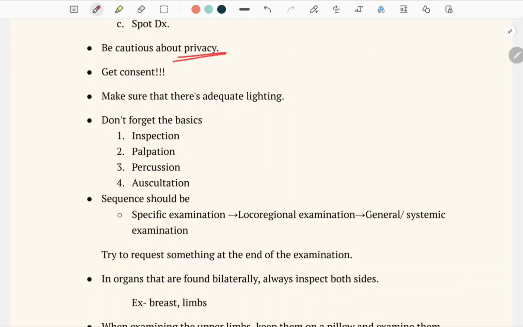Basics in the sense, when you're examining a patient, first of all you have to do the inspection, then palpation, then percussion, and then auscultation. Most surgical short cases might not involve auscultation, unless it's a thyroid, where you auscultate for bruit.